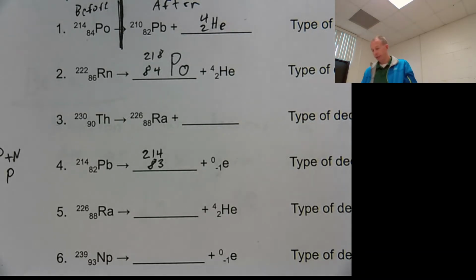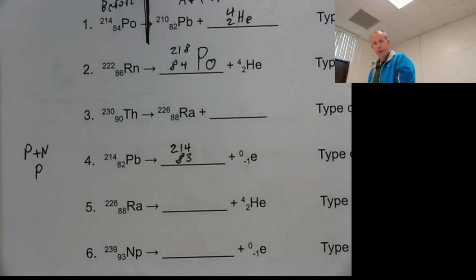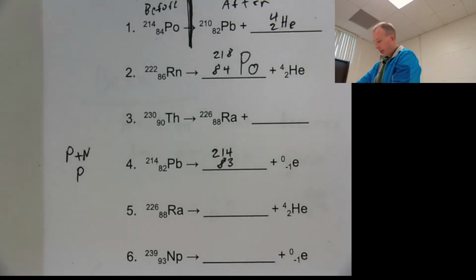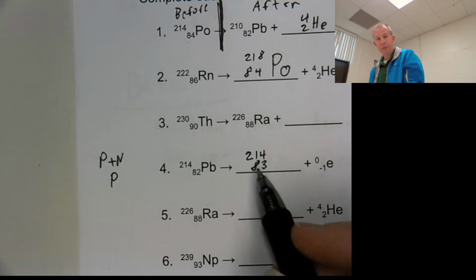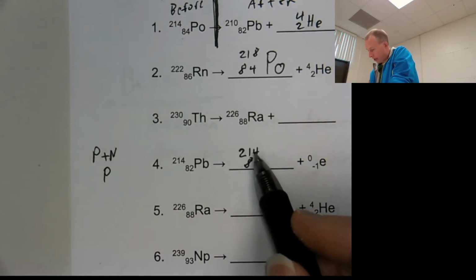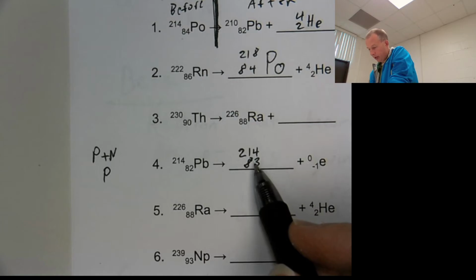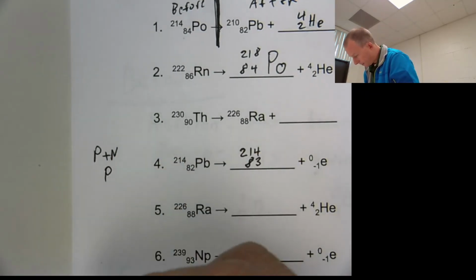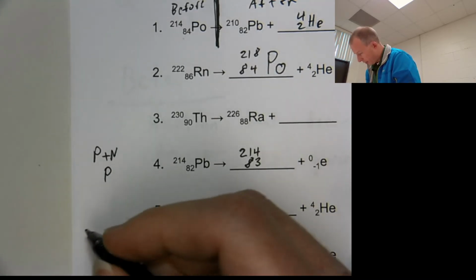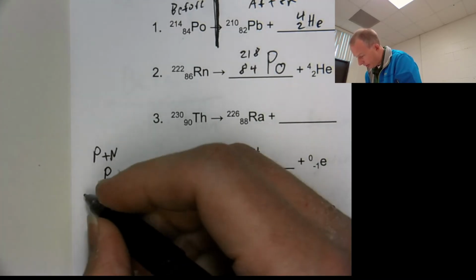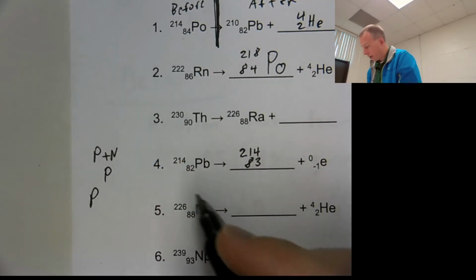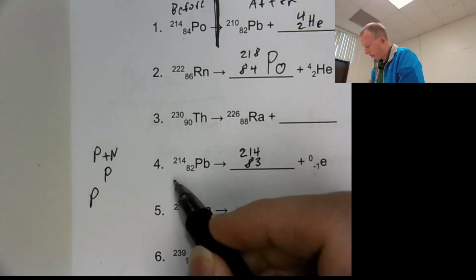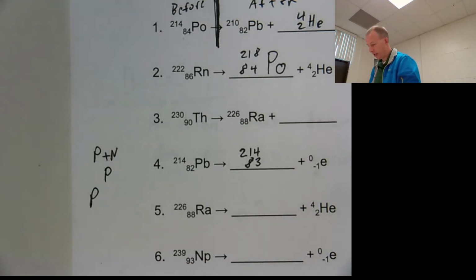Now, if you want to really understand this, which is probably a good thing to do, you pretty much just got to look at this. Because this can be confusing, where kids are just like, well, this didn't change. Why did 214 not change when we clearly made this one more? Well, the way you've got to think of it is pretty much this. Let's say our original proton count for lead was 82.